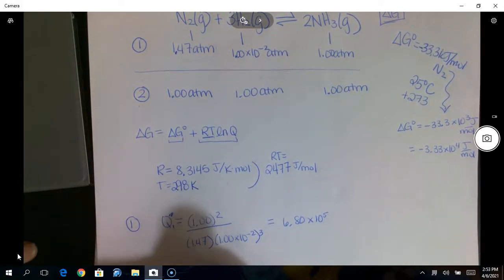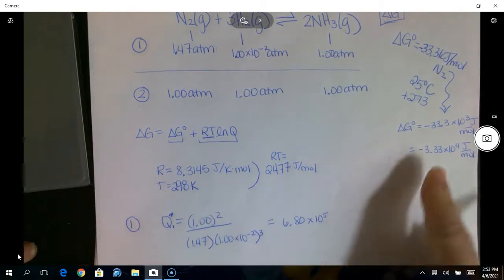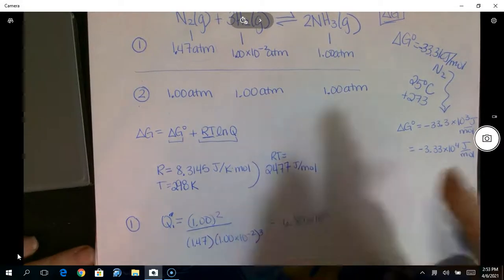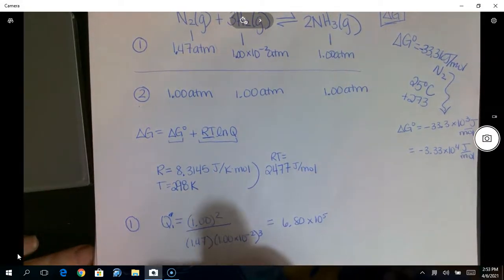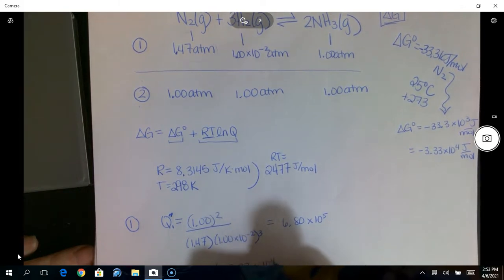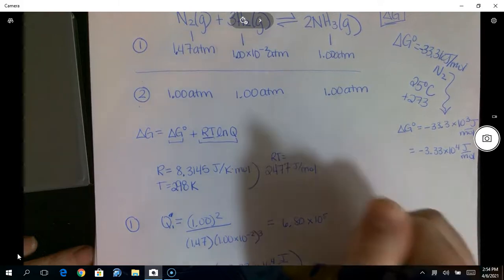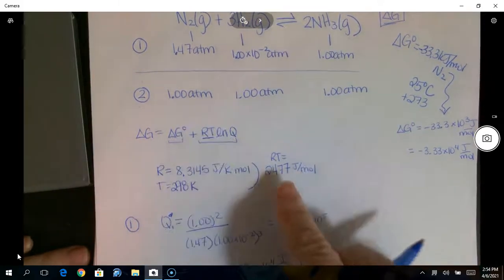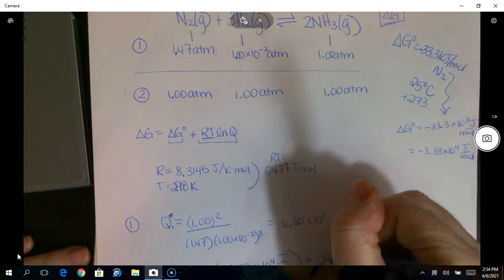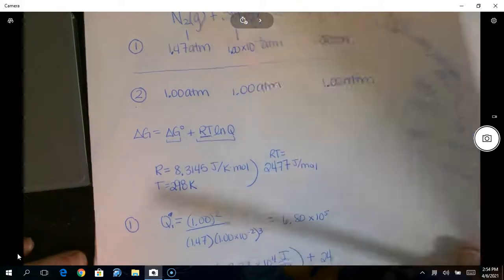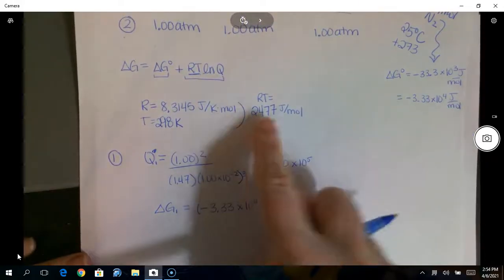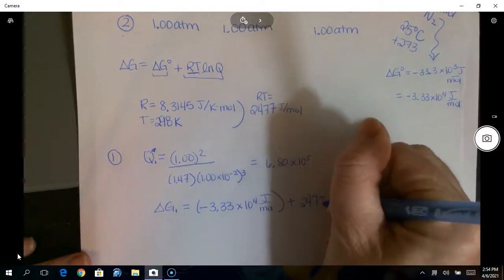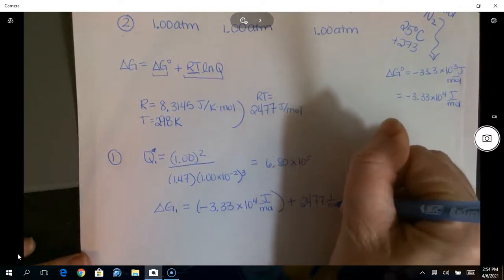So to find delta G1, it's going to be our standard G. So this is negative 3.33 times 10 to the fourth joules per mole, plus 2,477 joules per mole.